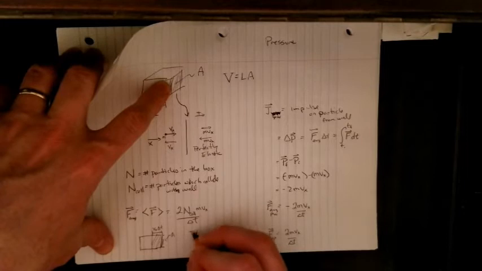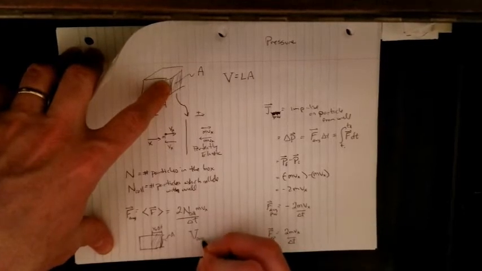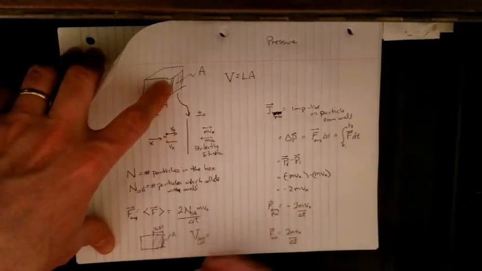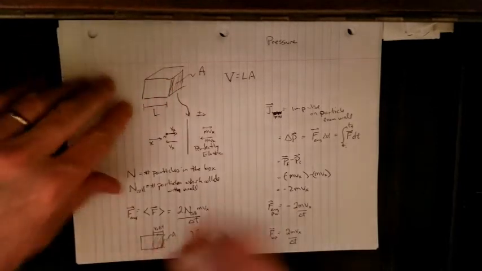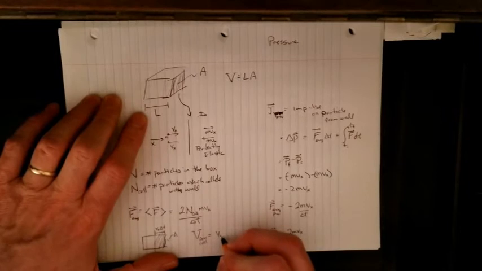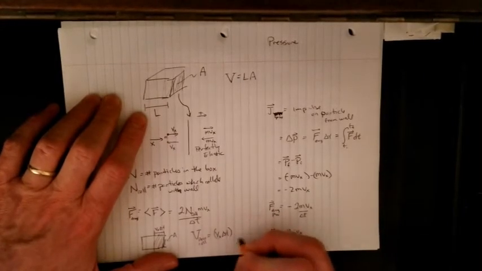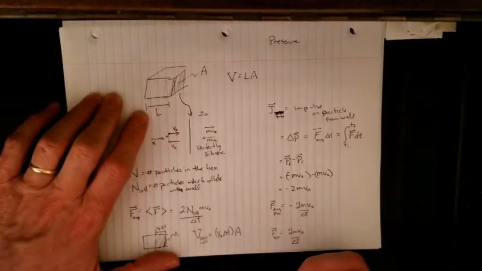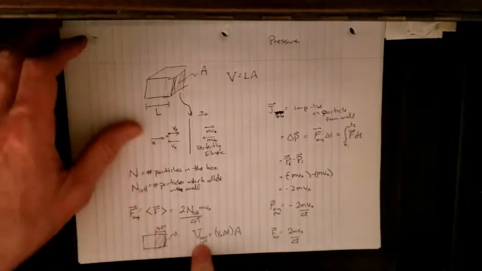So the volume of possible collisions is basically just this fraction right here. I'm looking at this small little bit right there. This is v_x delta t times the area. And so that's the volume of possible collisions.